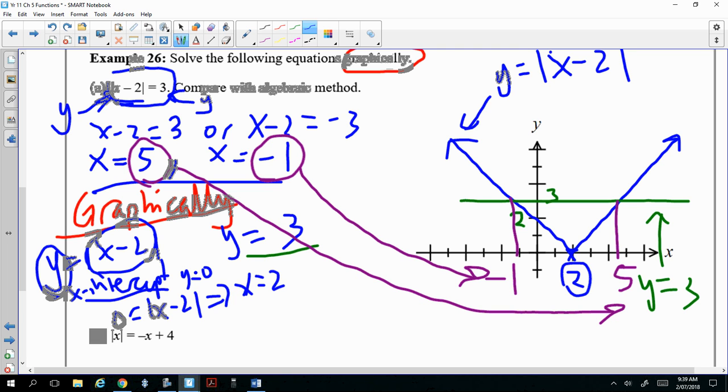How do you know? You can go like this. So that's 3, which is a graphical interpretation of this equation. When you solve this equation, why do I get 5? Why are there 2 solutions? Because the line crosses the V shape twice. Cross it here, cross it there: -1 and 5.